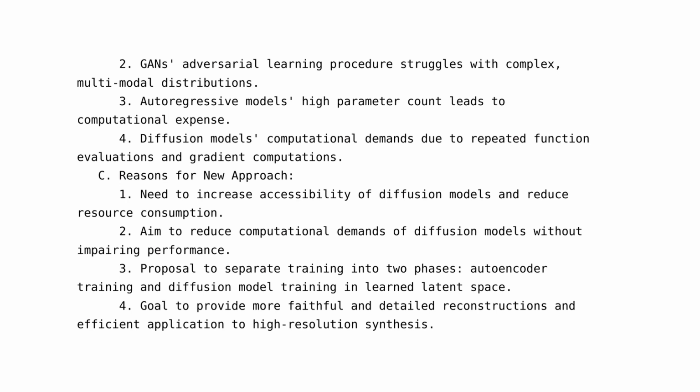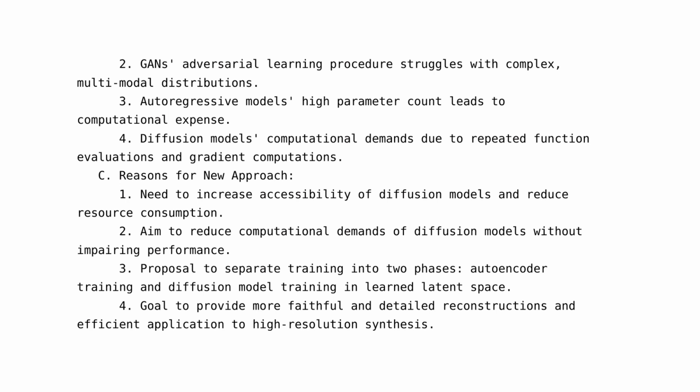Reasons for new approach. To increase the accessibility of powerful diffusion models and reduce their significant resource consumption, a method is needed that reduces the computational complexity for both training and sampling. The goal is to reduce the computational demands of diffusion models without impairing their performance, thereby enhancing their accessibility.